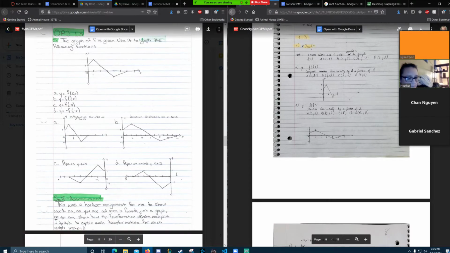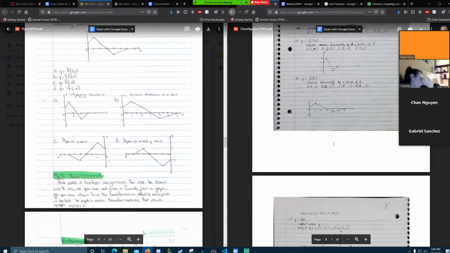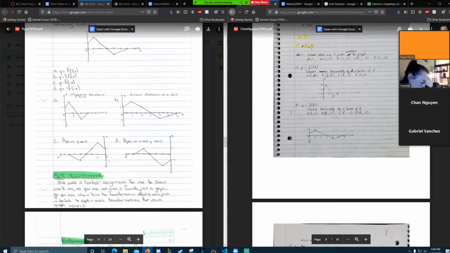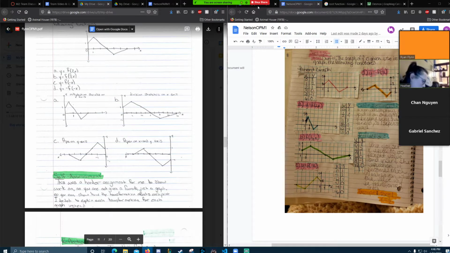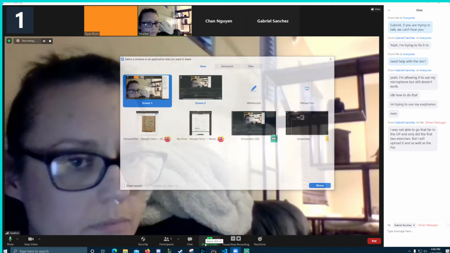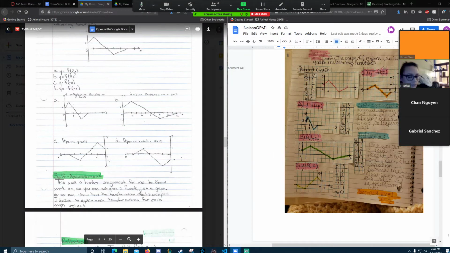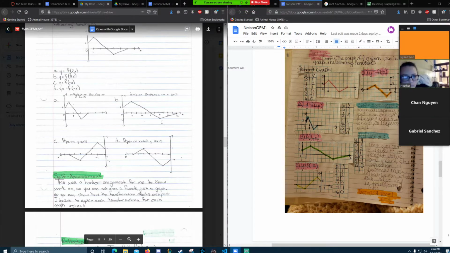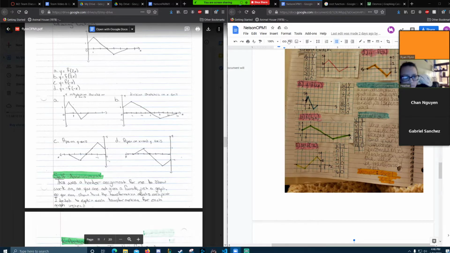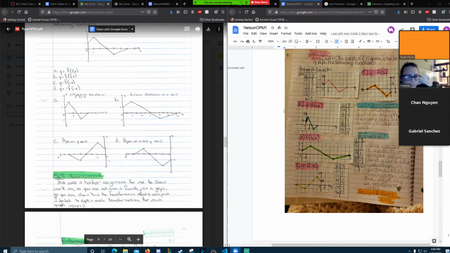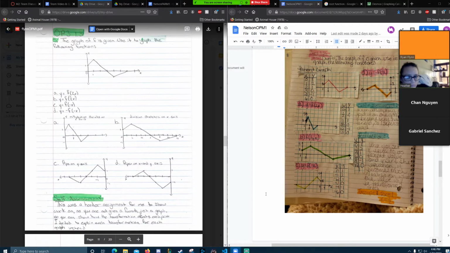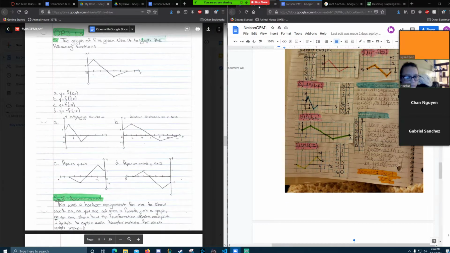Okay. I'm just comparing graphs here. Oops, I did not mean to do that. There we are. So that's the A. It looks like we pretty much all have the same graphs, at least from what I can see.